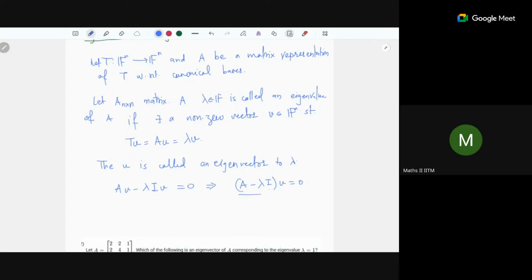So this operator must have determinant 0, and that is what we use to find the value of lambda. This will give you a polynomial in terms of lambda, and the roots of that polynomial are called the eigenvalues.